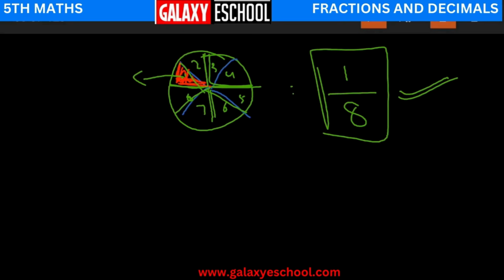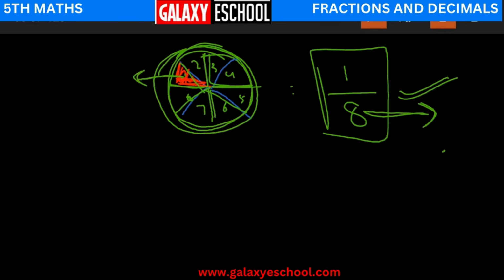Then when we counted the total number of parts that the apple was divided into, we got 8 parts as the answer. And from these, Anil ate only 1. So 1 by 8 is the fraction of the part that Anil ate.